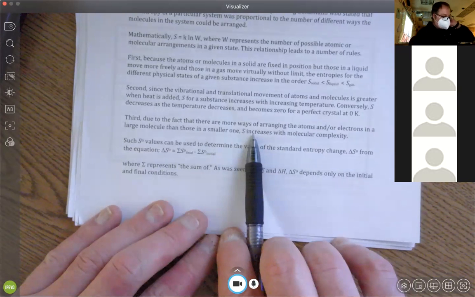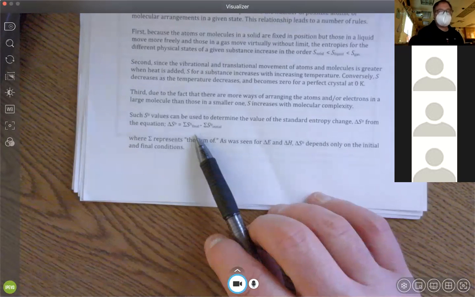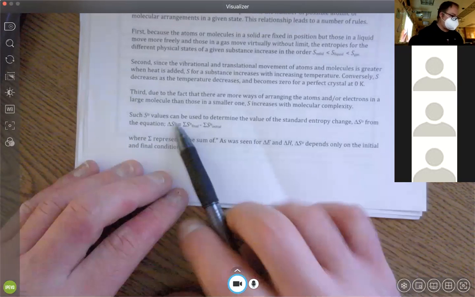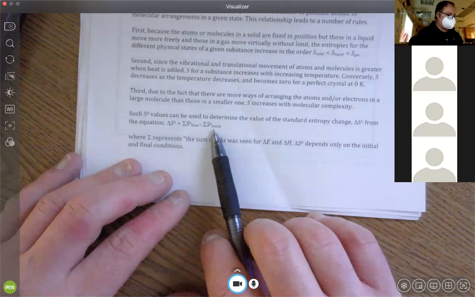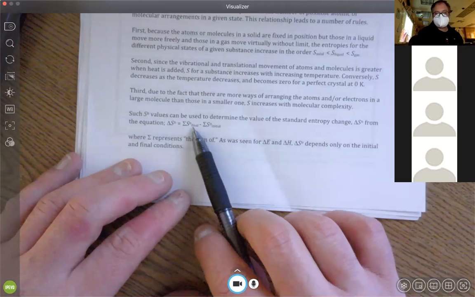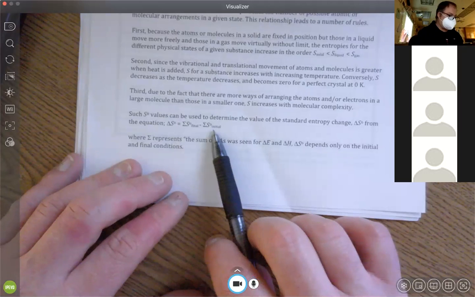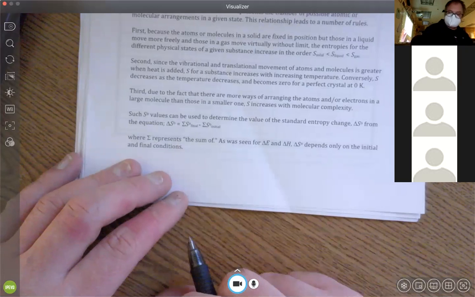Just like delta H can be found with your standard enthalpies, delta S can be found with your standard entropies. You find it by taking the summation of the entropy of the products, per mole, minus the summation of the entropy of the reactants, just like delta H. So let's do some quick things.